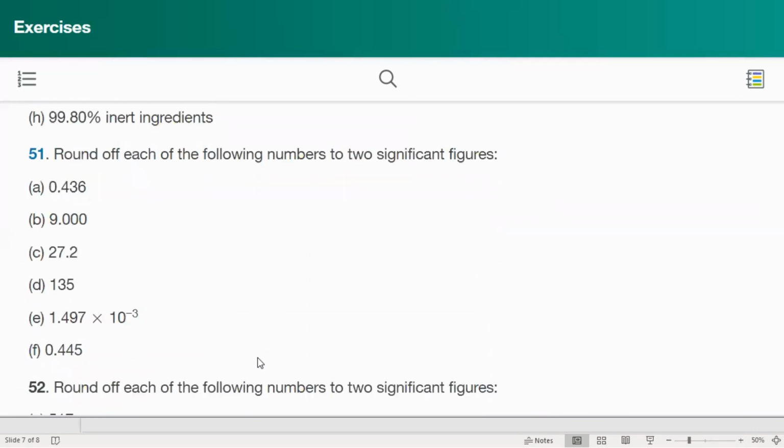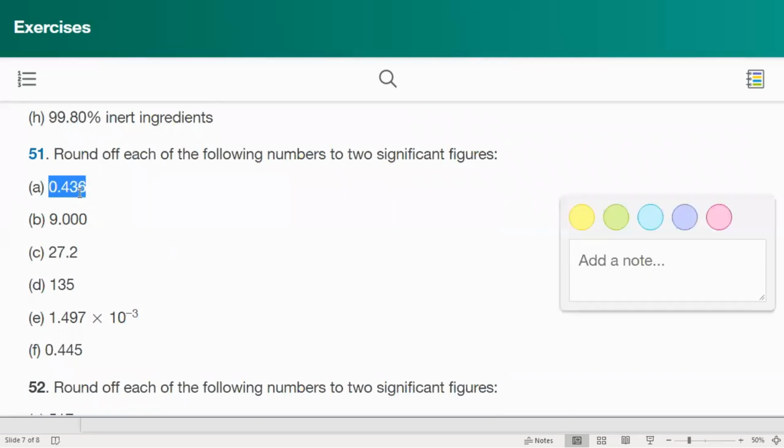Okay. Round off each of the following numbers to 2 significant figures. So we're going to round to these 2. It's a little obnoxious there.